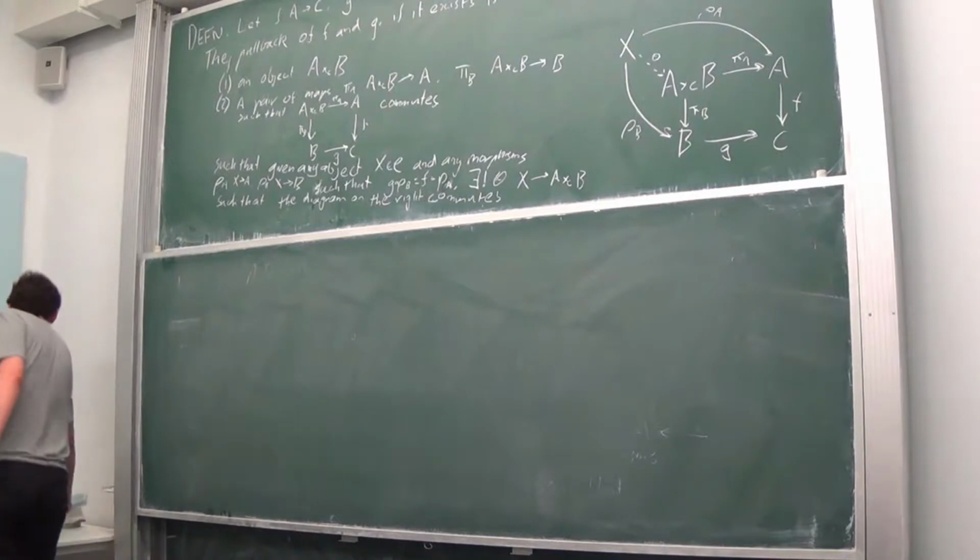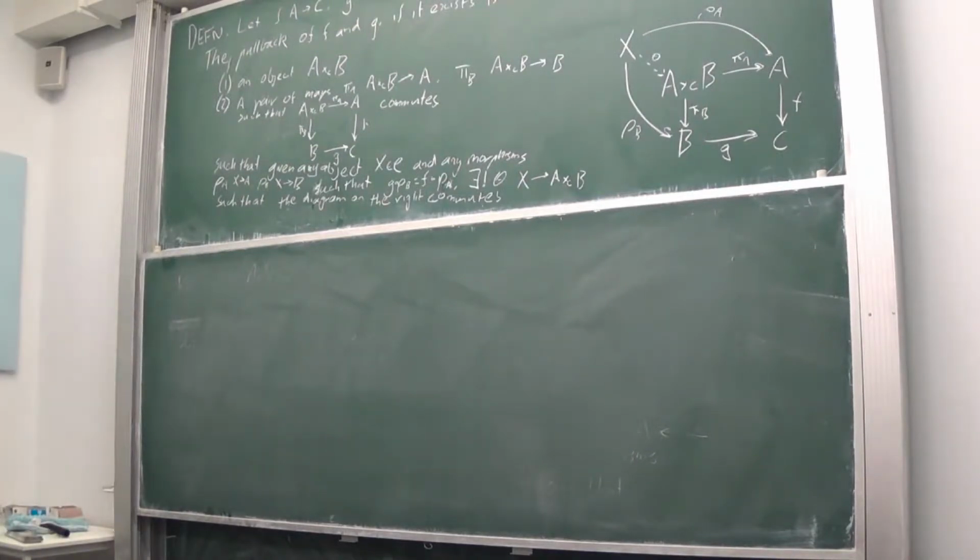Sorry to put you on the spot, but is the pullback in general a sub-object of the product? I don't know, but maybe. Yeah, I don't know either. Yeah. Why is it a subobject? So that's going to come later. I kind of skipped ahead.